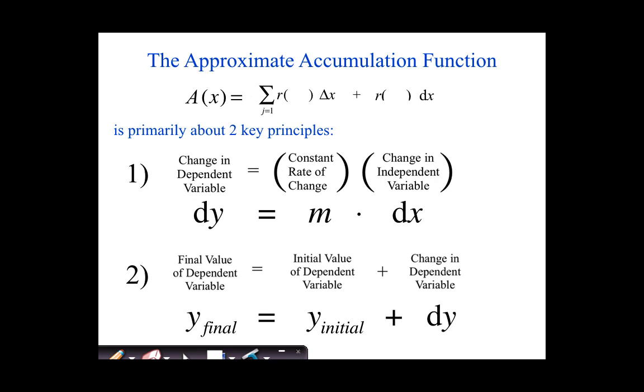So all of these pieces apply when we're just talking about dy equals m dx, and y final is y initial plus dy, dy also known as m dx. Those all apply when I've got one constant rate of change everywhere all the time, as well as if I have something that's smooth enough so that there are no corners where there's not an essentially constant rate. You did some questions where you zoomed in and found one of your functions had a weird cusp sort of point at a specific location.